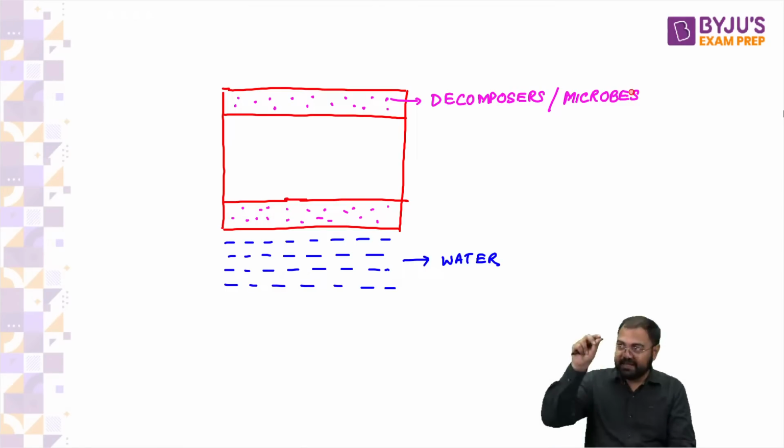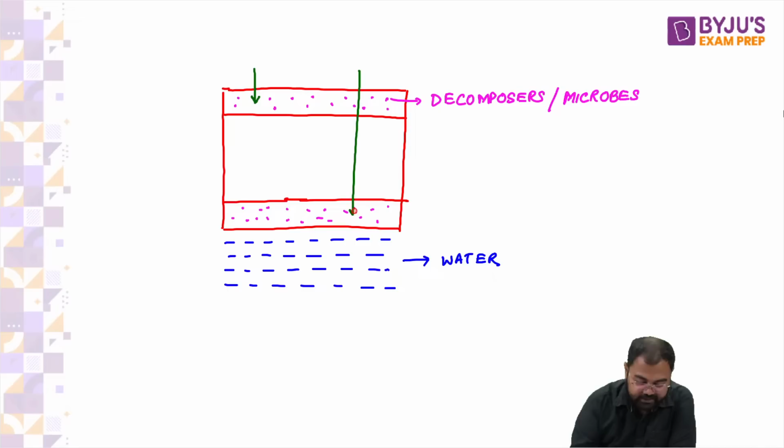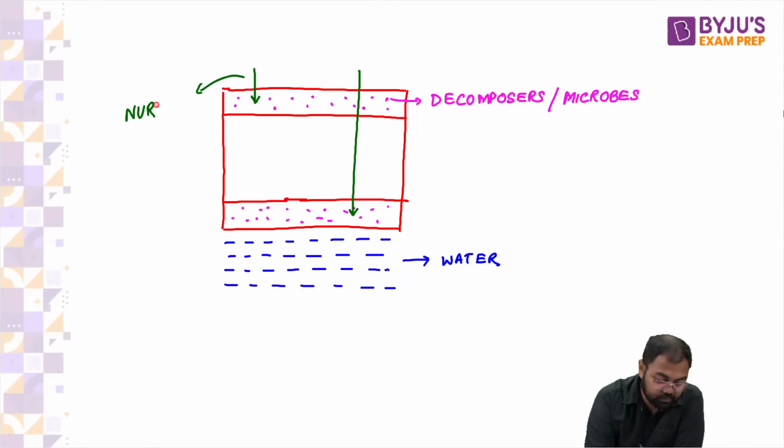What we'll do is that we will insert some nutrition. So nutrition will be inserted to this level, also at this level. Now, what we are inserting is nutrition plus oxygen.